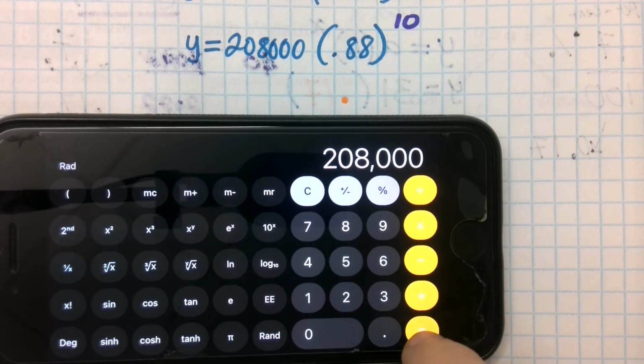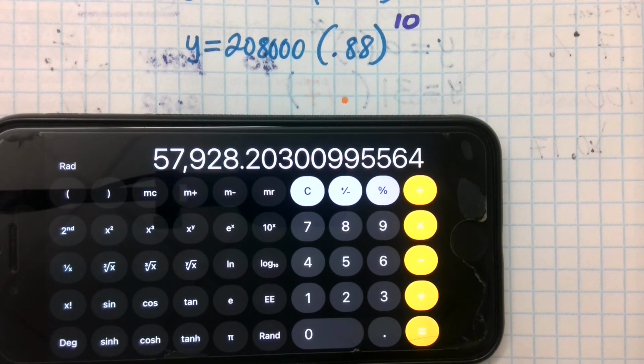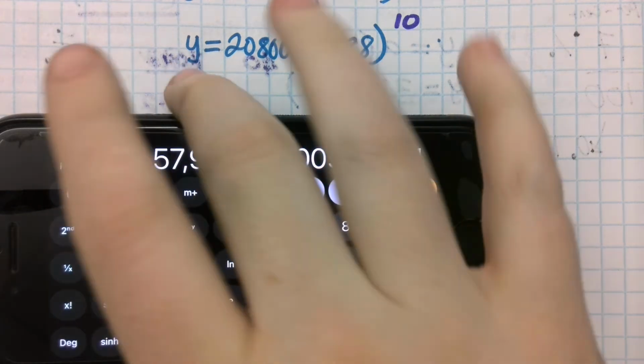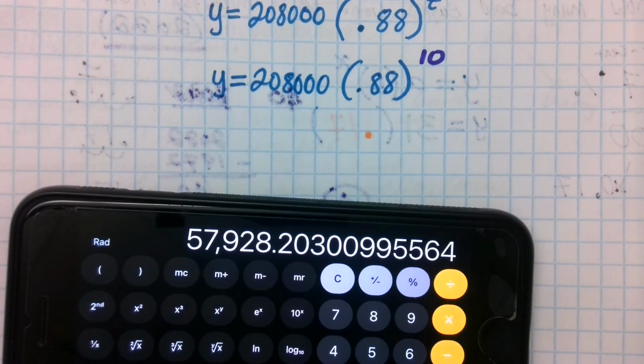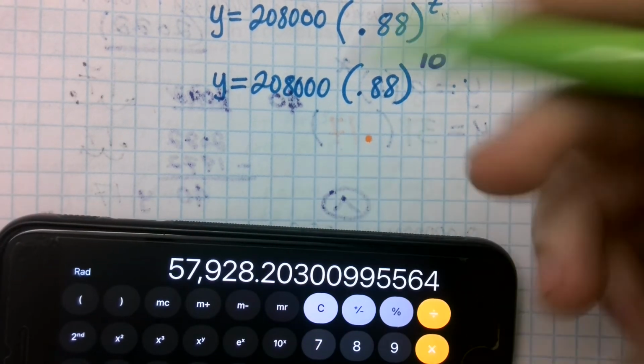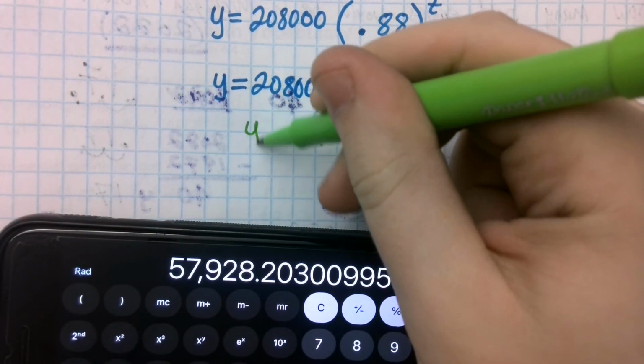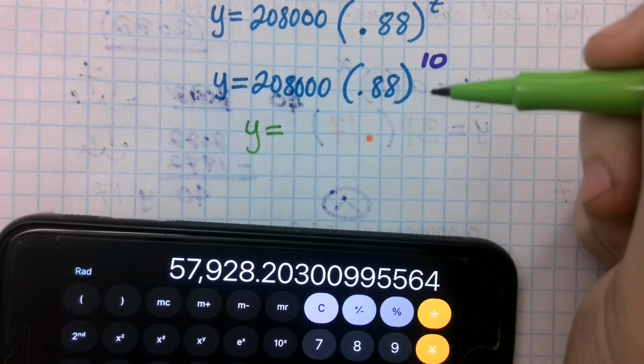And our final value, okay, this is still not bad after 10 years. It looks like after 10 years, my car, my Lambo, is still going to be worth a good $58,000.